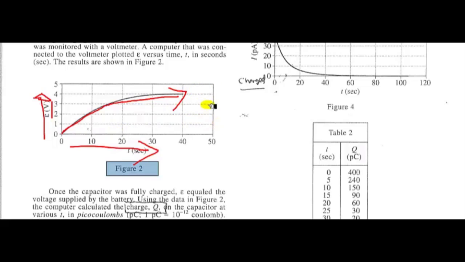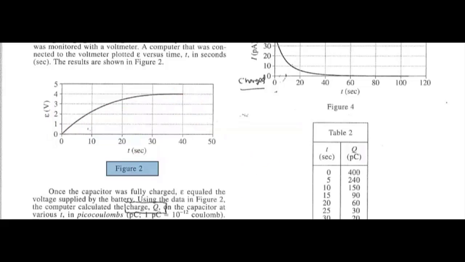But the question is not asking us about that. The question is asking us about decreasing. So that means that this is a positive relationship. As you increase the volts, the time will increase. Well, what happens when we decrease this? We're going to lose charge across the capacitor. So that's the second way that you could get the answer correct.